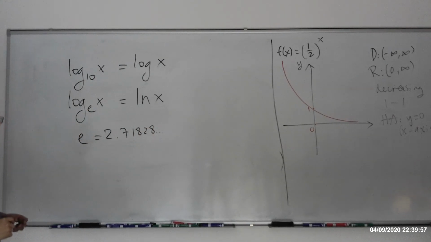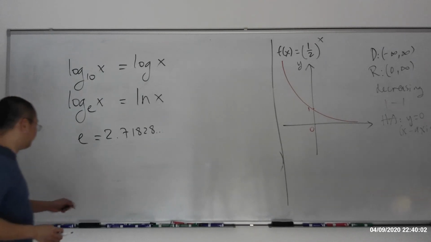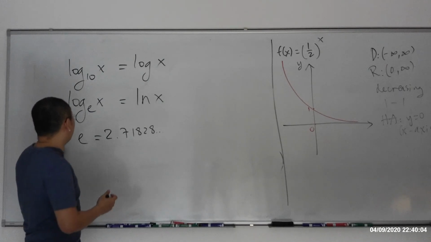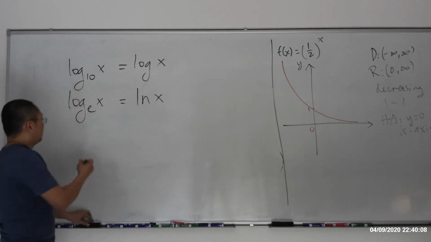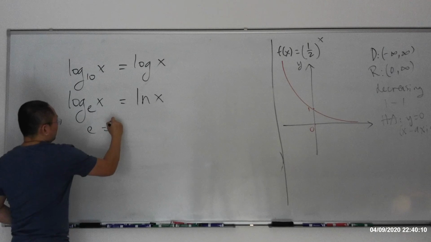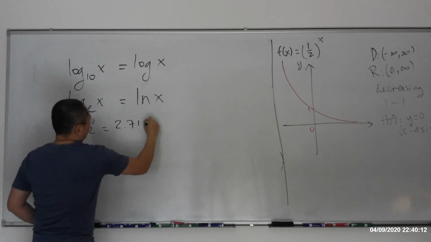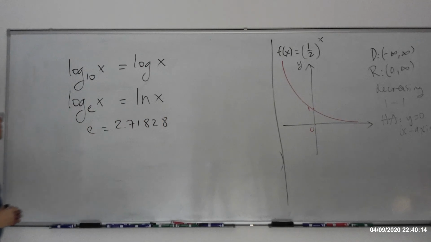Five decimals is good enough. Okay. And it's denoted by ln. e equal to 2.71828. Okay. Those are the 2 bases people use a lot.